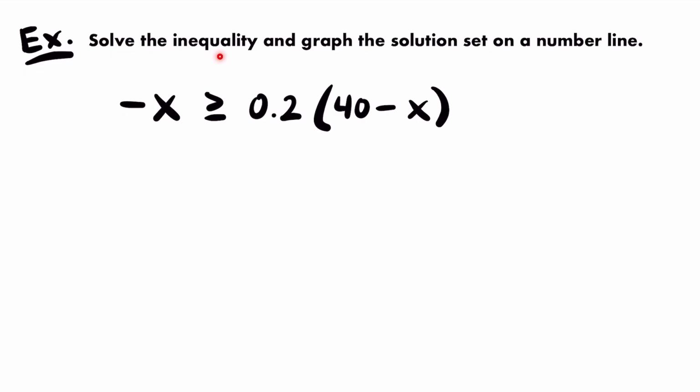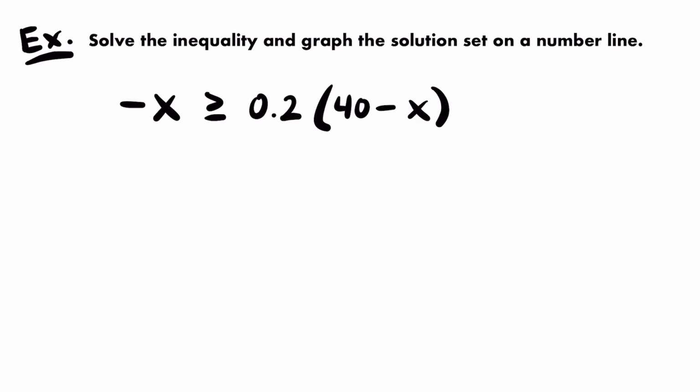Next up, we want to solve the inequality and graph the solution set on a number line, and we're given negative x is greater than or equal to 0.2 times the quantity 40 minus x. Alright, so in this inequality, the variable we want to solve for is x, but also notice that in this inequality, we have some parentheses.